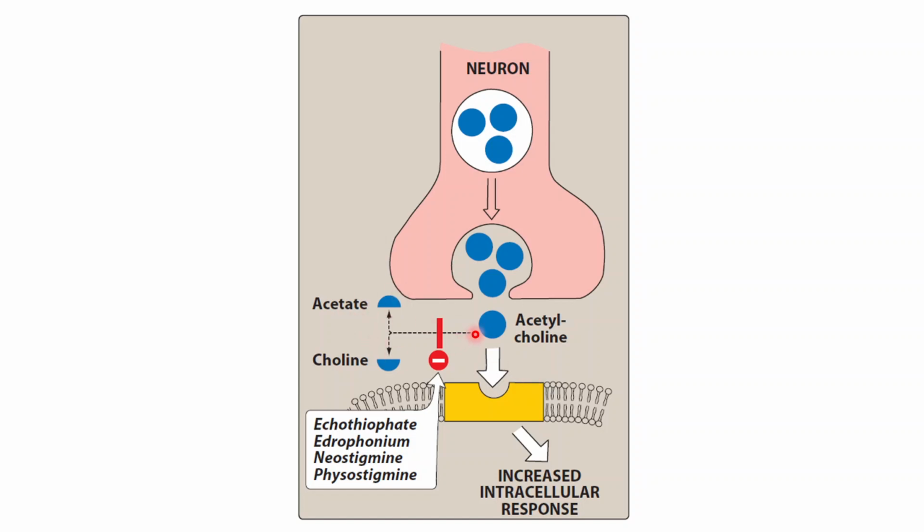So this enzyme is blocked by the acetylcholinesterase inhibitors, and that leads to the action of the acetylcholine. The action is prolonged, and that is why the receptor is activated, and there is the same effect as if we introduce a cholinergic agonist.